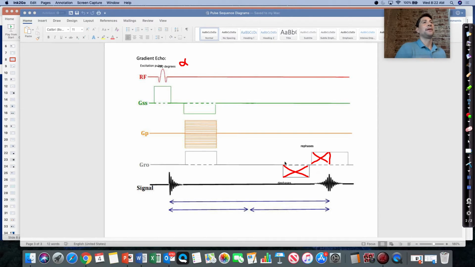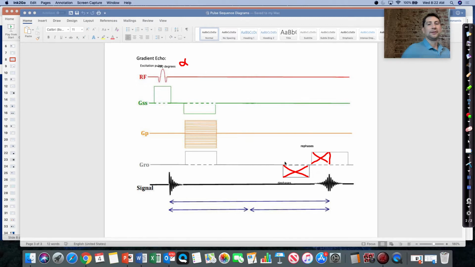So what do you think the benefits are of having gradients do it versus the 180 degree refocusing pulse? Why do we use gradient echoes versus spin echoes? What's the main reason? Faster. It's faster. You can turn those gradients on at any time, at any amplitude, and at any polarity.